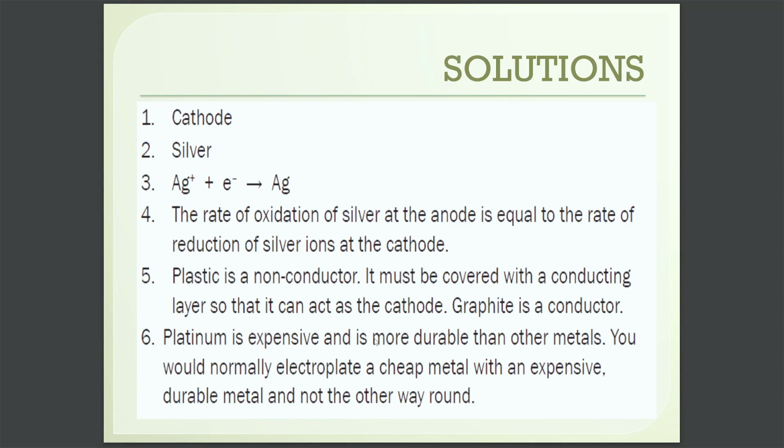I repeat, the reason plastic needs to be coated before it is electroplated is that when electroplating is taking place, we really need 2 electrodes, meaning we need 2 conductors. So plastic is a non-conductor. Therefore, it must be covered with a conducting layer so that it can act as a cathode. That is the main reason.